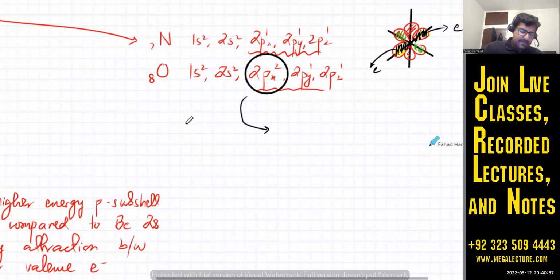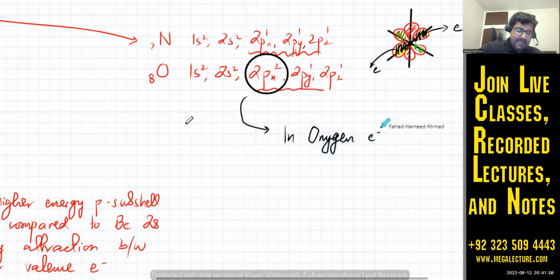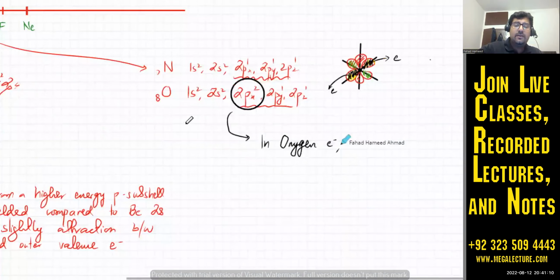So the answer to this would be that in oxygen, the electron is removed from a paired p orbital.